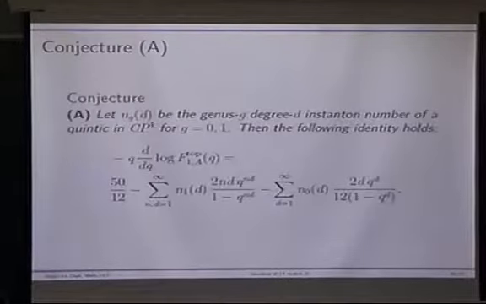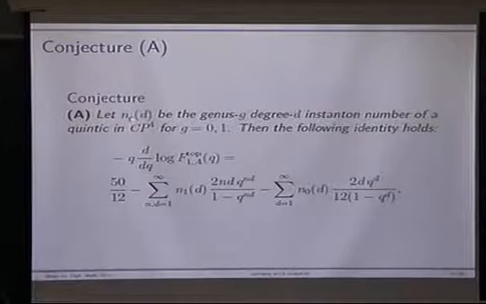Any conjecture on mirror symmetry contains two parts. On one side of the mirror, it's symplectic geometry, and on the other side, it's complex geometry. On the symplectic side, it's basically curve counting, or more precisely, instanton counting.